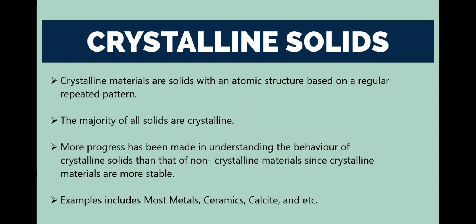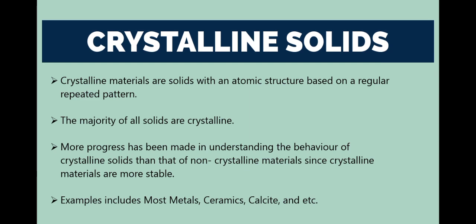Ceramics, which are compounds of metallic and non-metallic elements, also commonly display crystalline properties. These materials demonstrate the diverse applications and importance of crystalline solids in various fields including manufacturing, construction, electronics, and more. Okay, so now we are done with the crystalline solids.